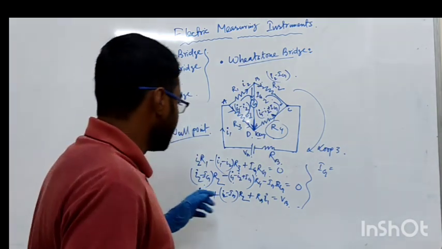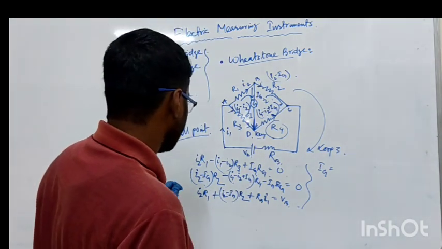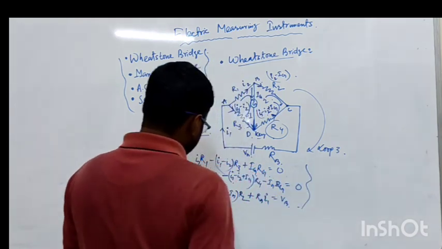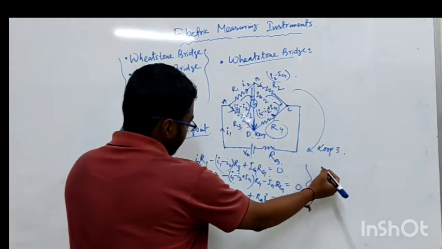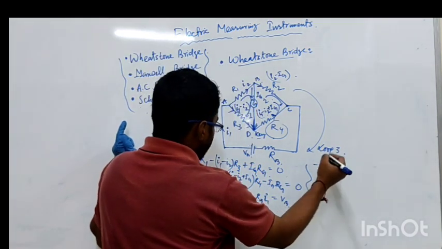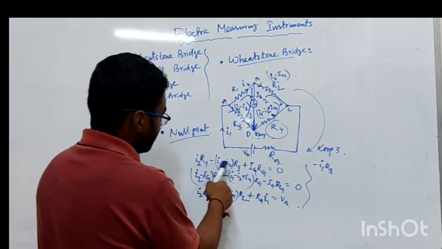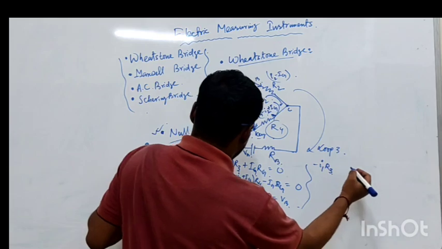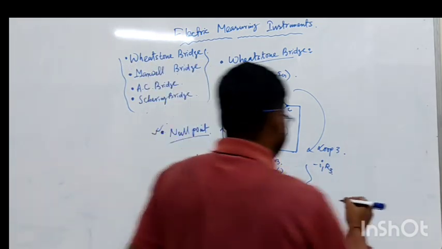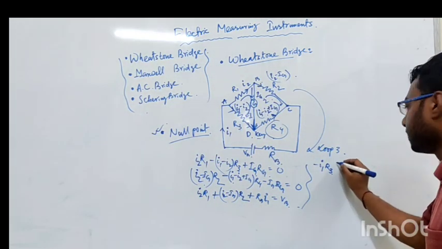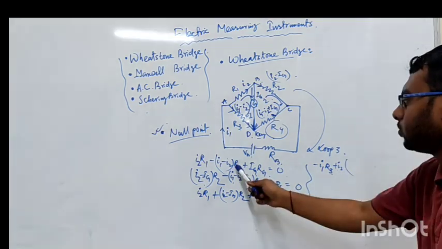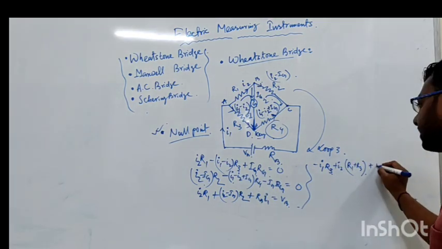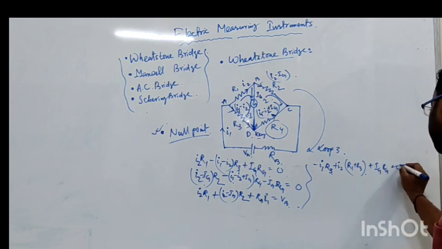What will be the IG? Let us rearrange these equations in such a way that, what will be the coefficient of I1? Minus I1 into R3. Then what will be the coefficient of I2? Coefficient of I2 will be plus I2 into R1 plus R3, plus IG RG equal to 0.